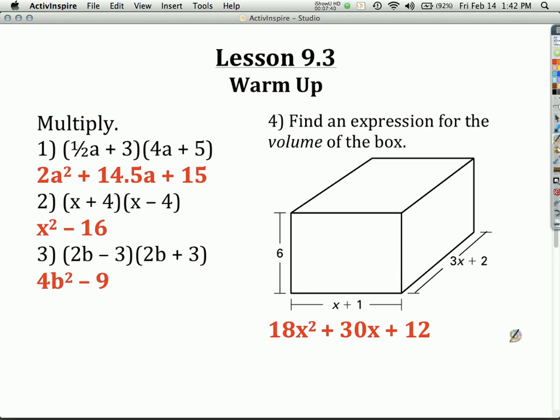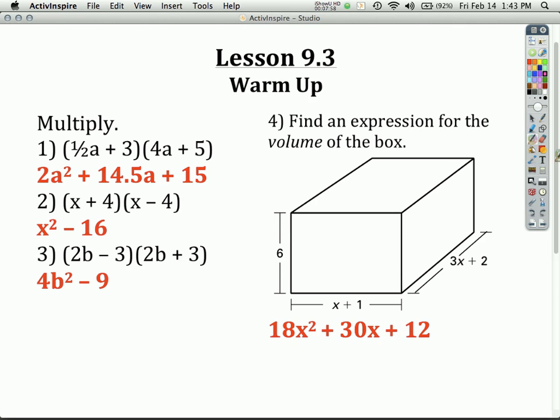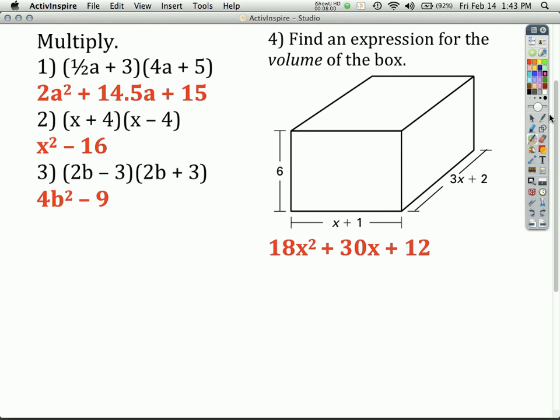Okay, well, let's take a moment and explore number 4. Give me a thumbs up if you got number 4 correct. So I got 12. Good, put your thumbs down. That's about half my class.